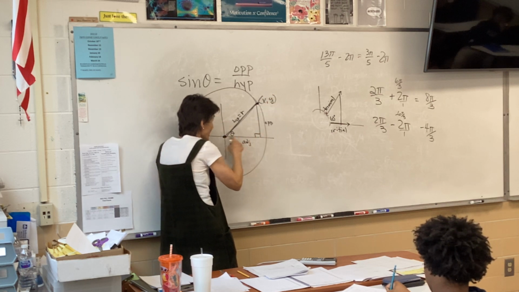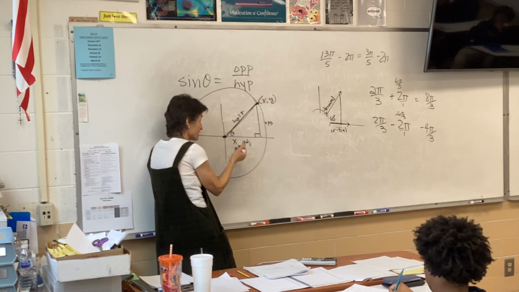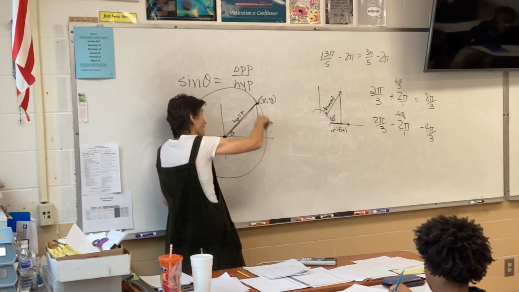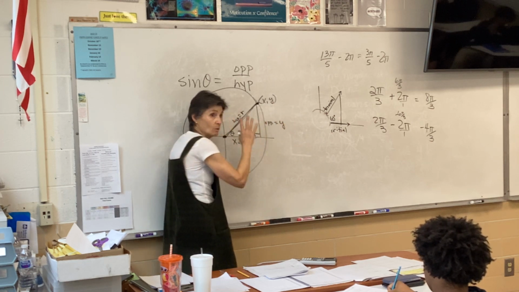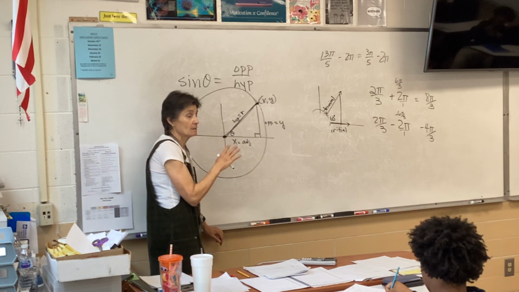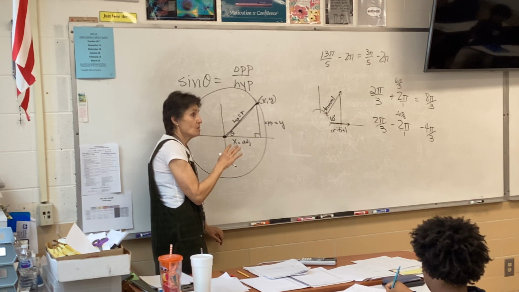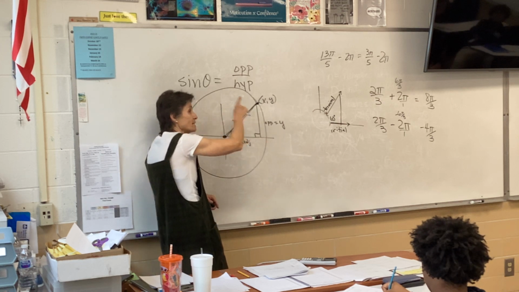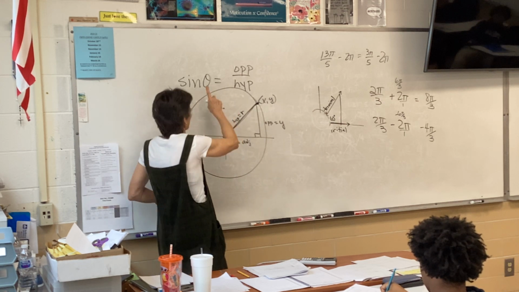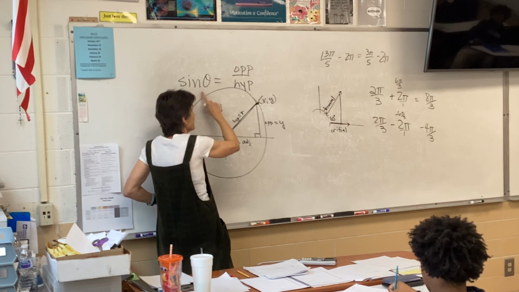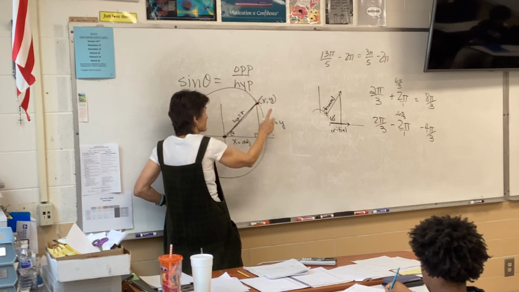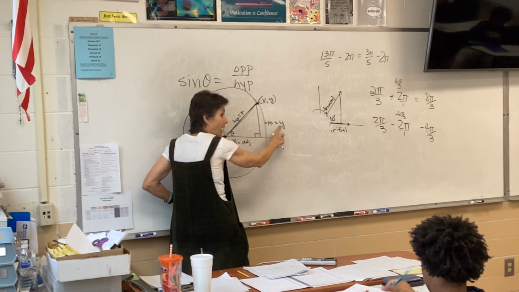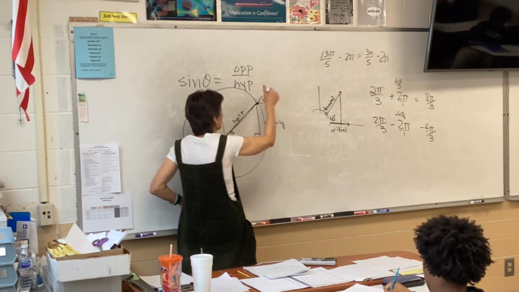So this adjacent side is x, and the opposite side is y. So an alternative, what we call the circular definition for the sine, instead of opposite over hypotenuse, we'll say y over r.